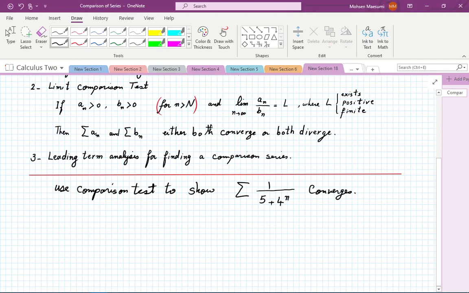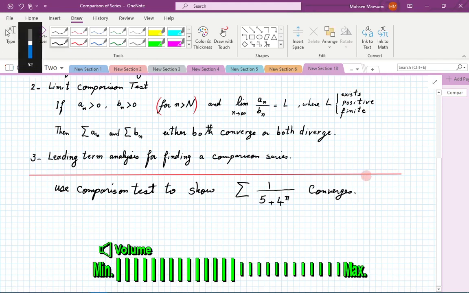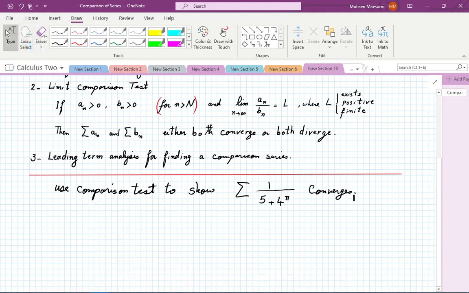So in this problem, we are given a hint that it actually converges, and what we want to do is use the comparison test for establishing that it actually does converge.